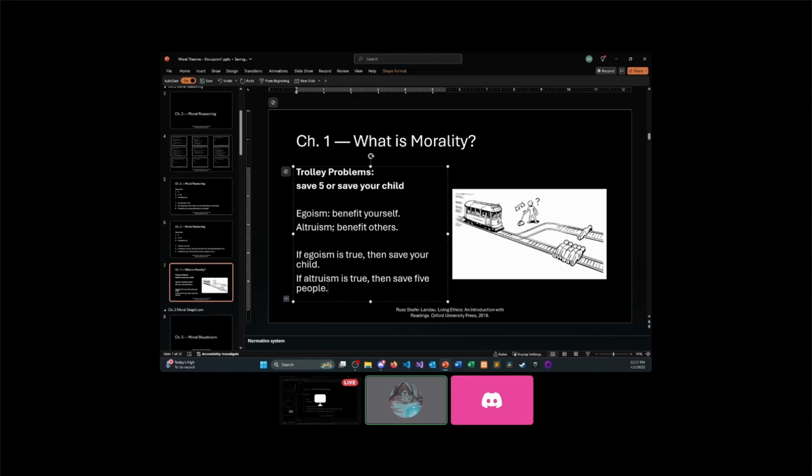Most of the theories are various kinds of isms. Depending on which one is true, it would change your answer to how you solve the question, or how you answer the question, how you solve the problem.